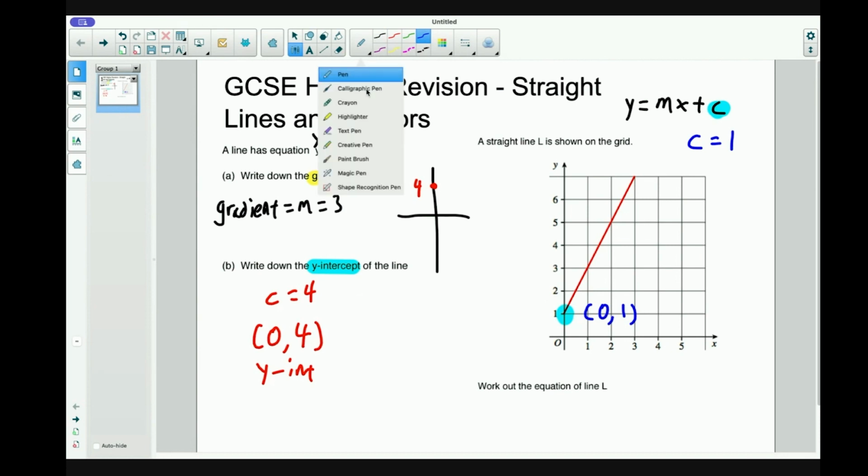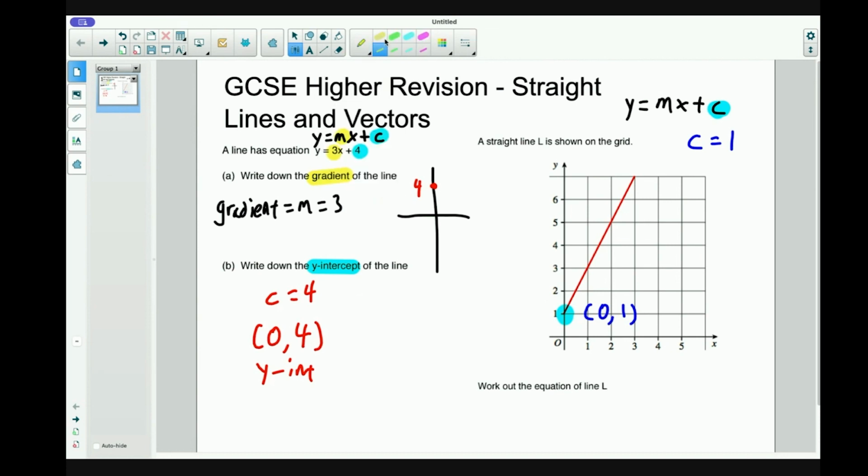The next thing that we need to do is figure out our gradient. Remember, our gradient is our value of m. Looking at our graph, we can do this in a couple of different ways since we have a graph with a scale of 1 to 1. That means every square that I move across is just 1, and we're just going up in ones. Same thing moving along the y-axis as well. So I'm free to do something like this. I can start off at (0, 1), and use my rise over my run. I'm going up 2 in this case, and I'm going to move 1 across, and I can find my next point right there.